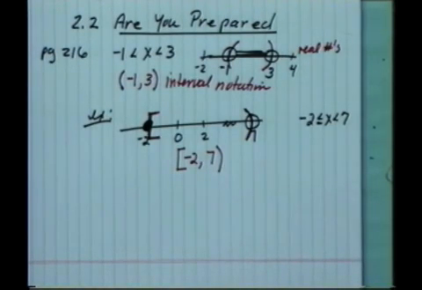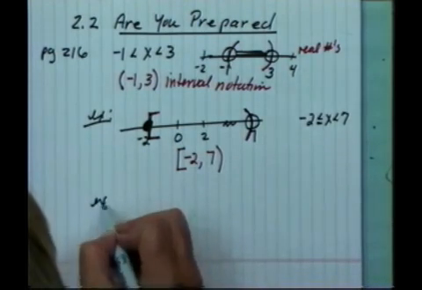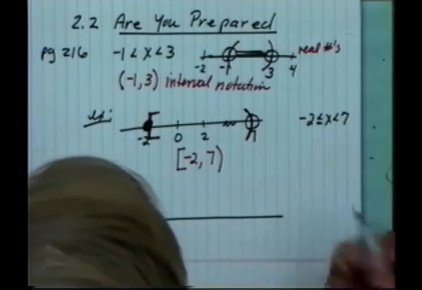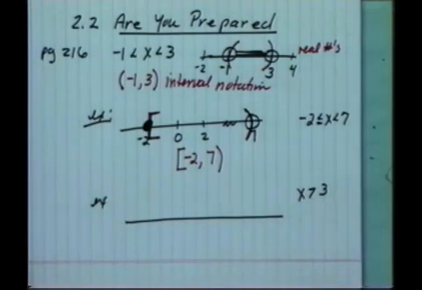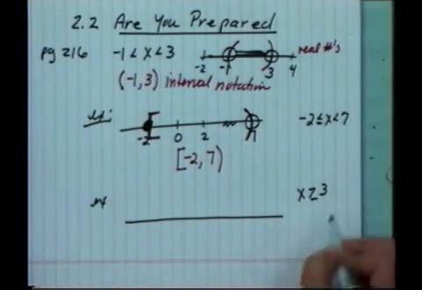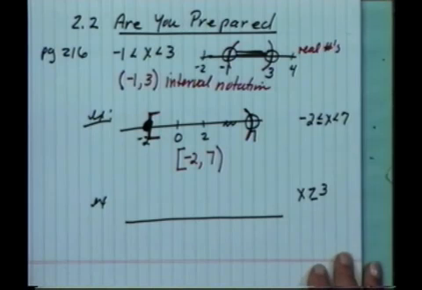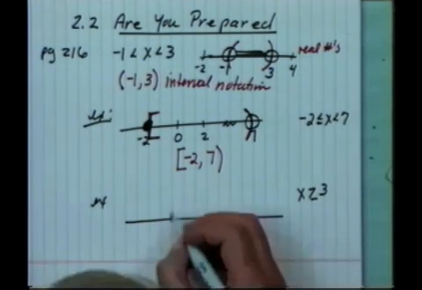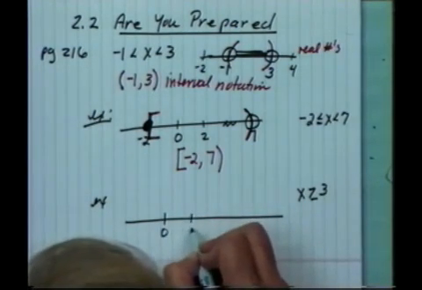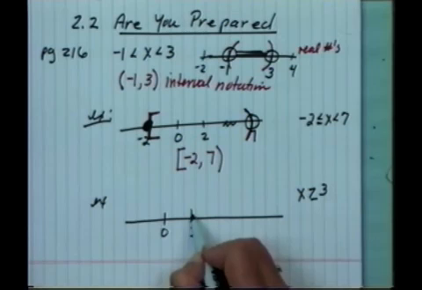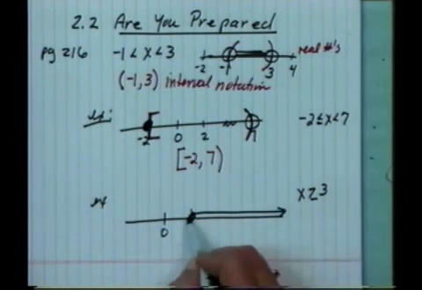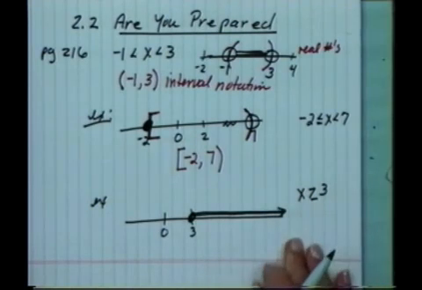Then I know you're the expert. Suppose that the inequality is x is greater than or equal to 3. Here's 0. Here's 3 on my number line. All right, so you already told me you use a solid dot. Greater than 3 means it's going this direction forever, correct?